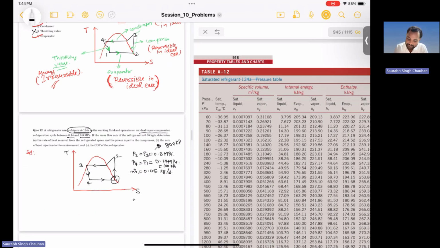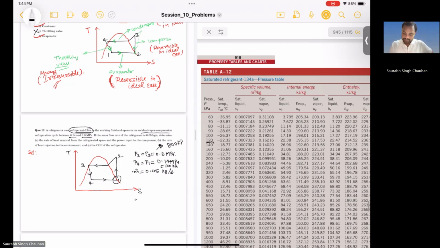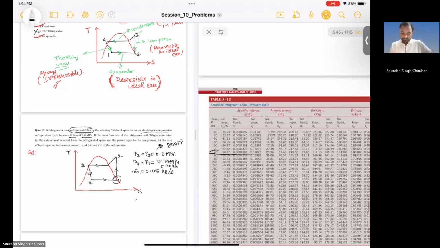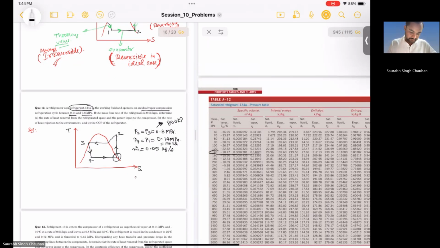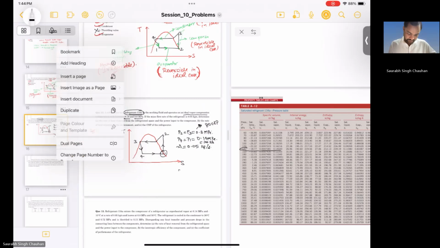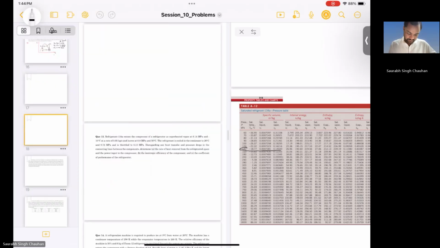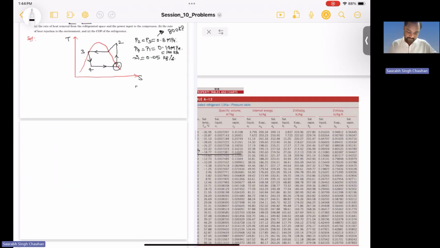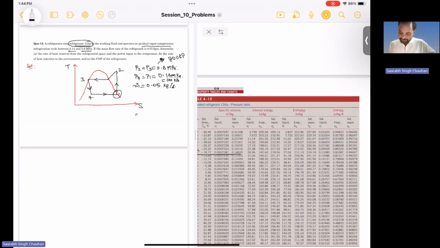So we have to check here at 140 kilopascal. We have to check the enthalpy of saturated vapor, Hg. Here it is, 239.19.